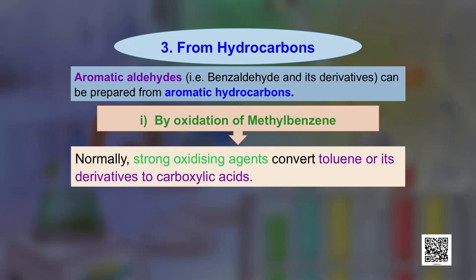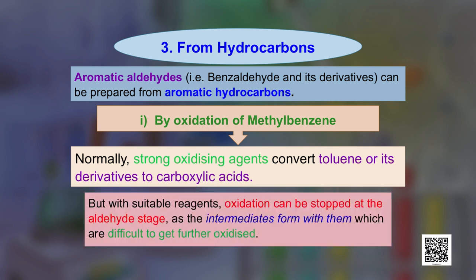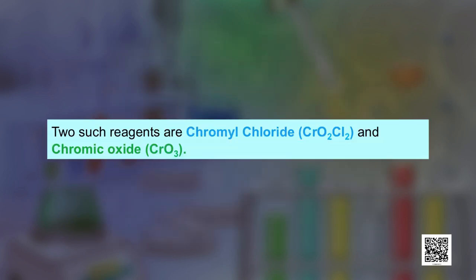Normally, strong oxidizing agents convert toluene or its derivatives to carboxylic acids, but with suitable reagents, this oxidation can be stopped at the aldehyde stage also, as the intermediates formed with them are difficult to further oxidize, and here we will consider two reagents for this, which are chromyl chloride, that is CrO2Cl2, and chromic oxide, CrO3.